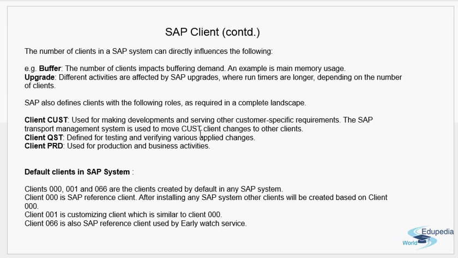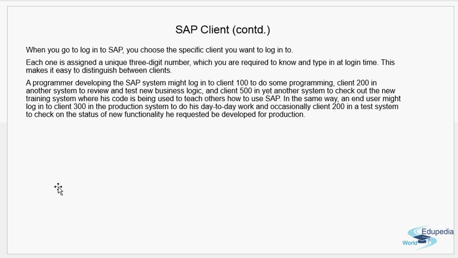So we have 3 types of clients like customizing, QA testing, and production. And the default clients when an SAP system is built are 000, 001 and 066. So when you log into an SAP system, you should know what client you are logging into.